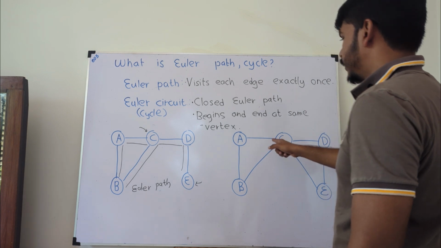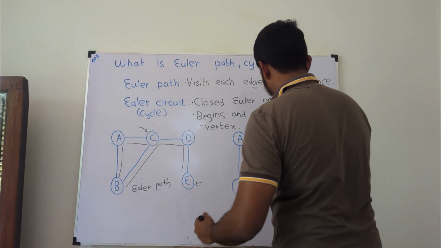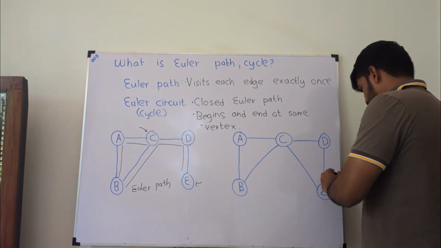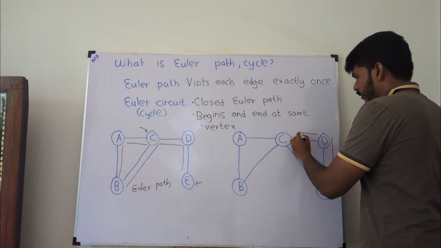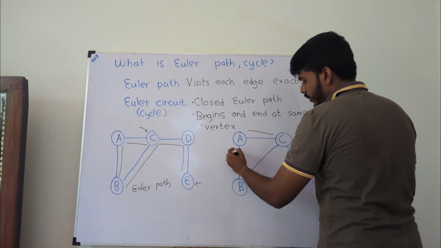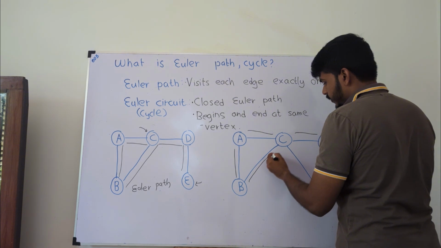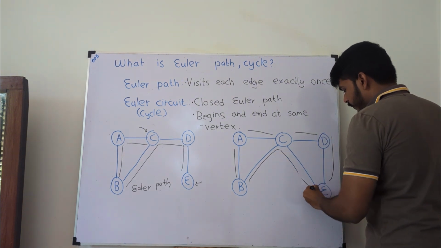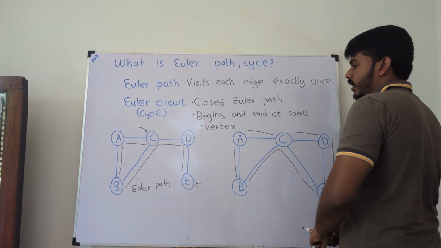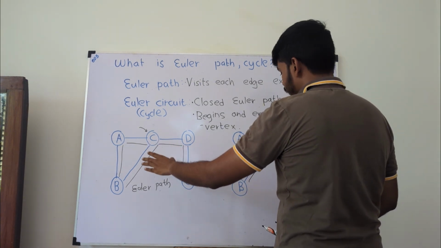In this right side example, I'm also going to start at E, then go to D, then go to C, then go to A, then go to B, then go to C, then I am coming back to E. Here you can see in these two examples I have used all the existing edges.